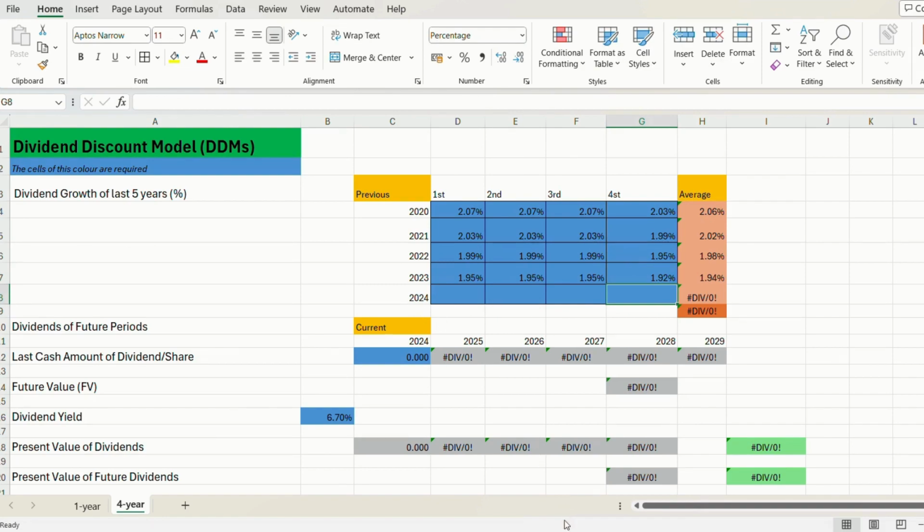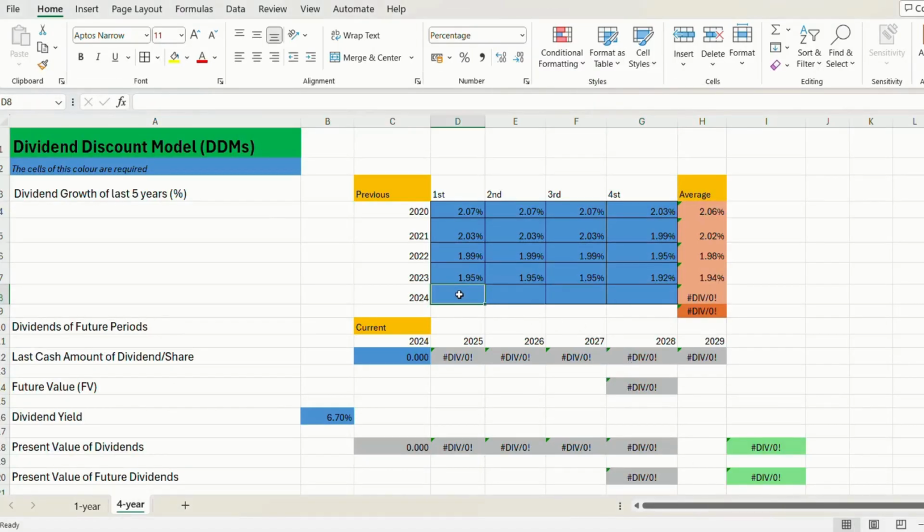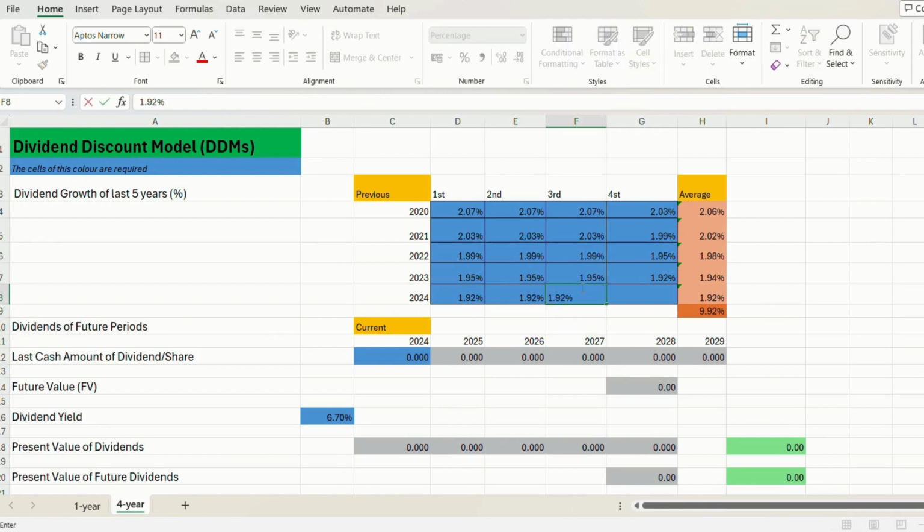On 2024, pay attention here. As you can see, it's 1.92, fine, but we don't know the last dividend, so we are going to take the average of the previous years.